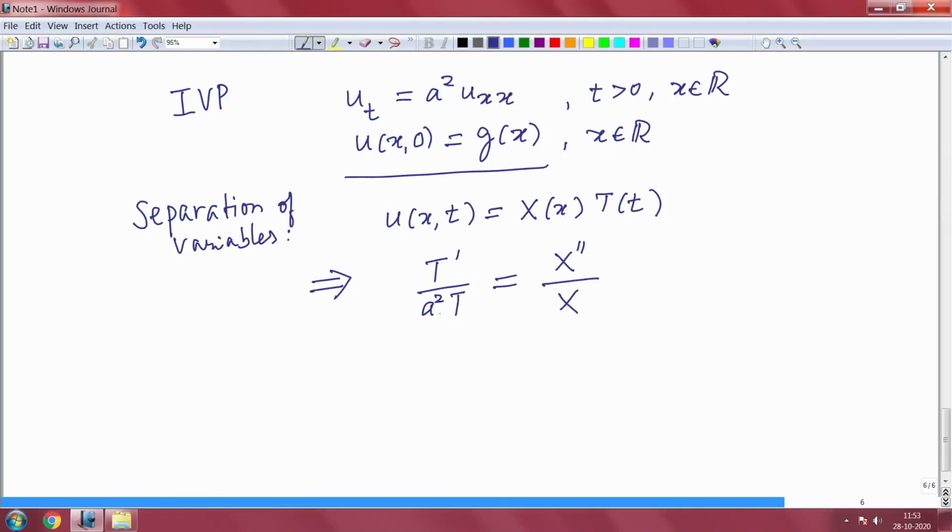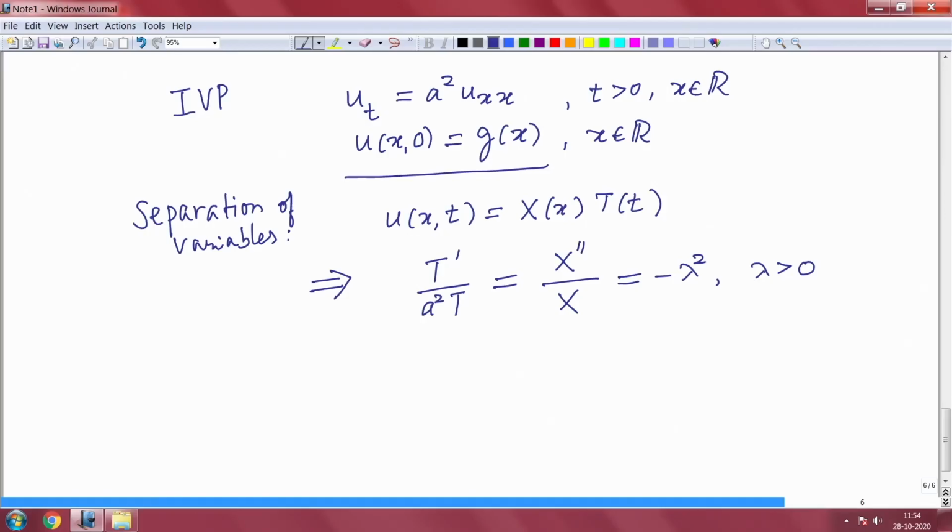So the left hand side is only a function of t and the right hand side is a function of x. So this ratio must be a constant, and we call it minus lambda square, where lambda is positive. Why have we chosen this negative sign? If you choose a positive sign, then the equation for T shows that T is exponentially growing.